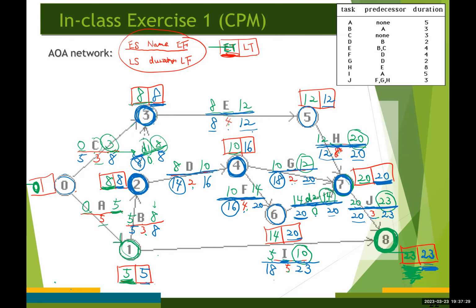Okay. And then 5 minus 5 becomes 0, right? Now, again, we need to determine the latest time for event number 0. And we're going to choose the smaller value between these two, right? 0 and 5. So the latest time for the start node, node number 0, is going to be 0. Okay.